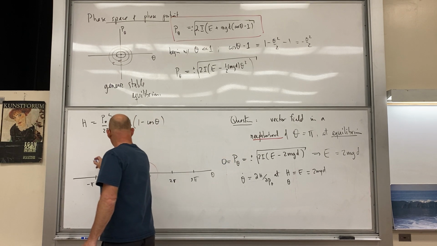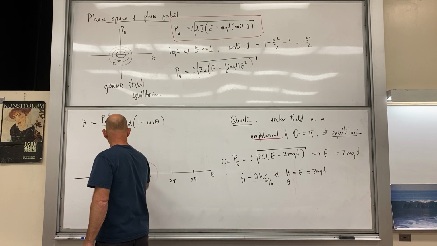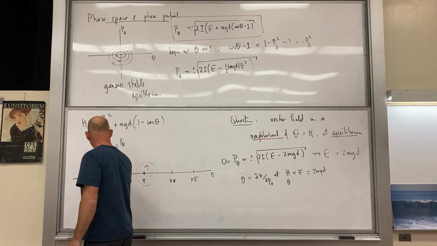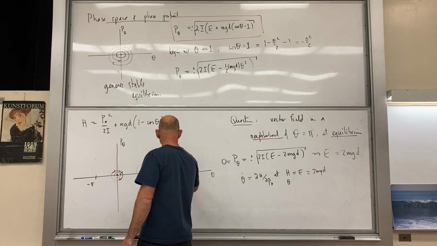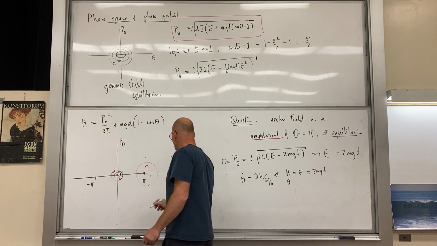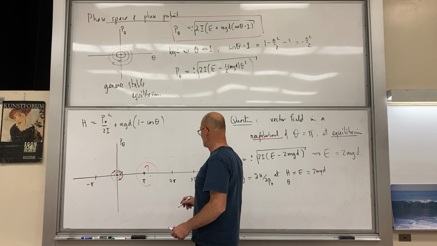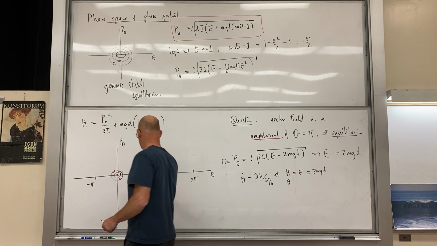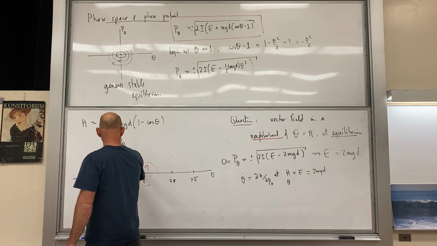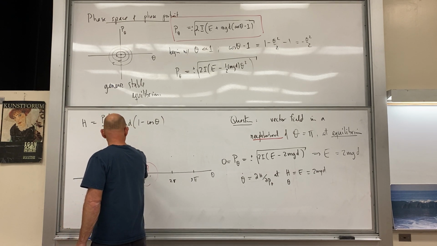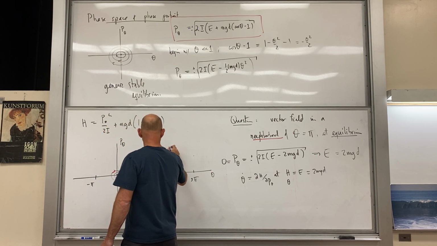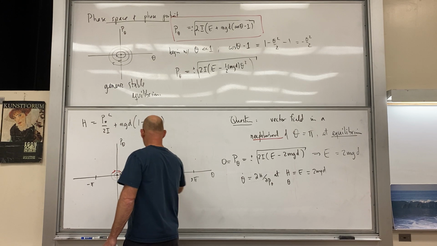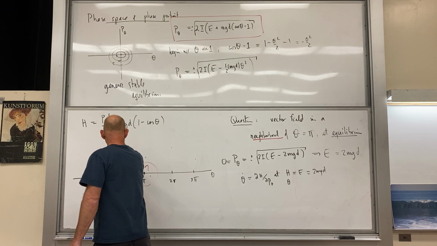And you're going to get something like this. You're going to have minima here, and a maximum here, and a minimum right there. Maximum, minimum values.